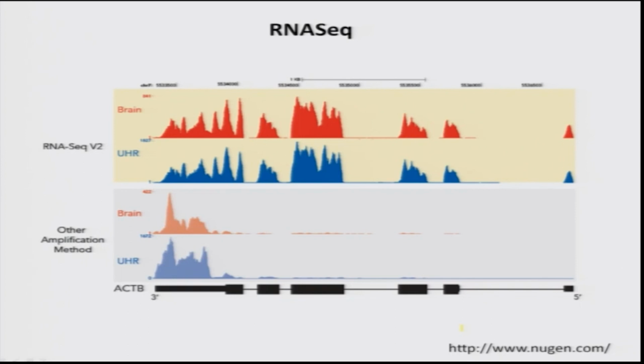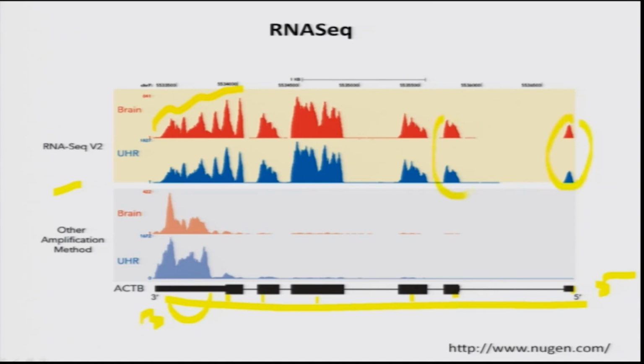This is RNA-seq data. These mountains represent the reads, how many reads mapped to each region of the DNA. You can see the 5' end of the gene, the 3' end of the gene, exons 1, 2, 3, 4, 5, 6, and this is the UTR. You find the number of reads for each segment, so in this way we are able to map it.